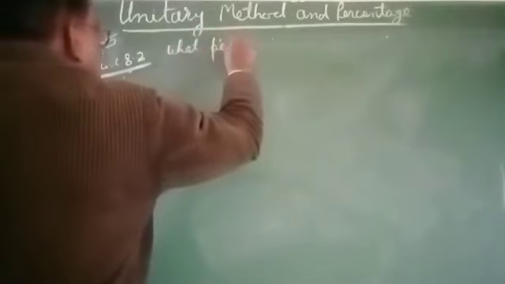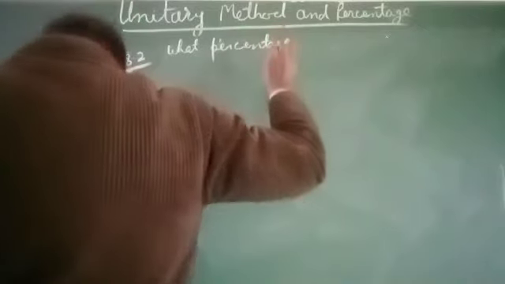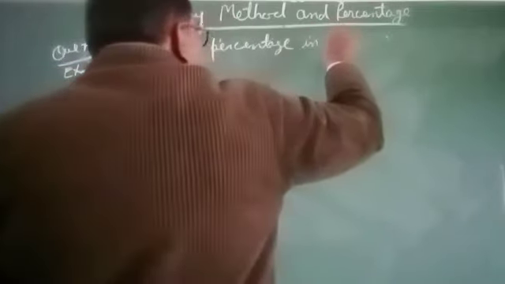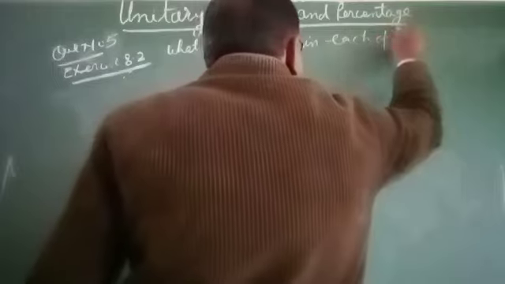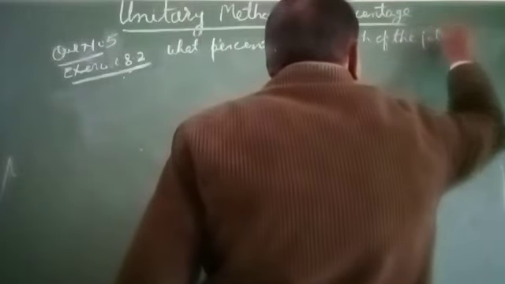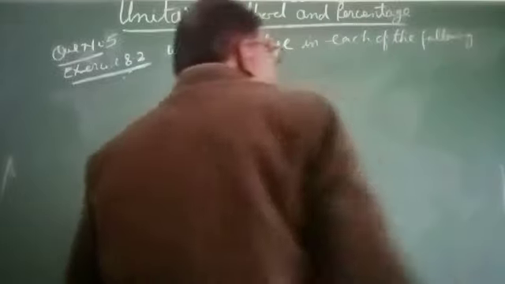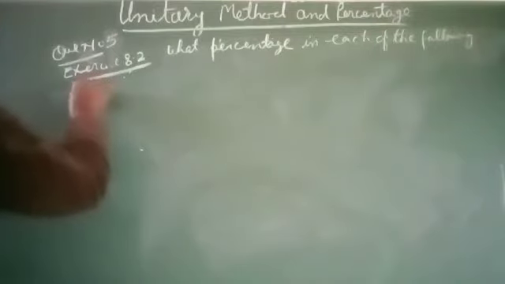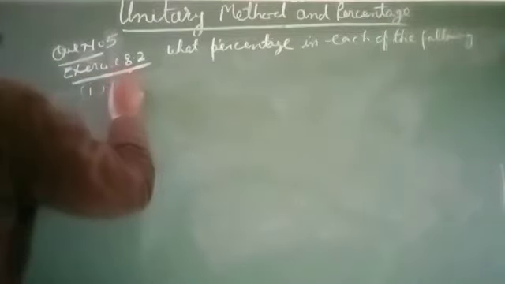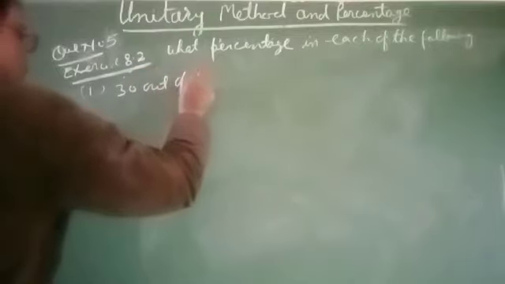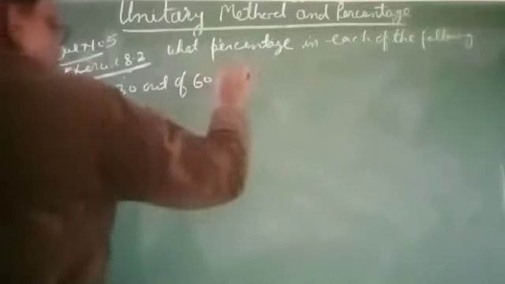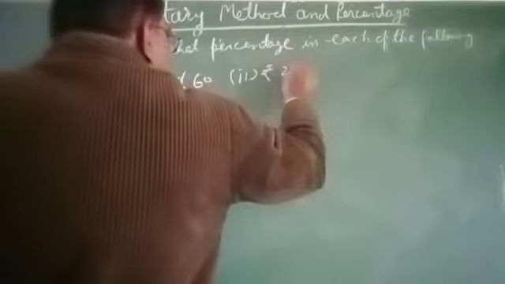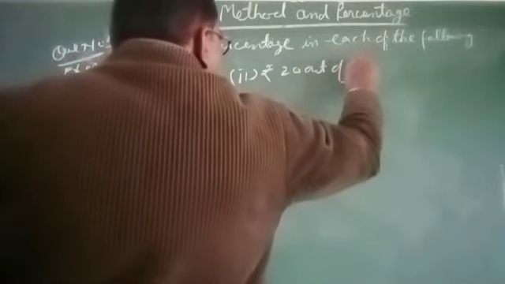The first part is 30 out of 60, and the second is rupees 20 out of rupees 20.